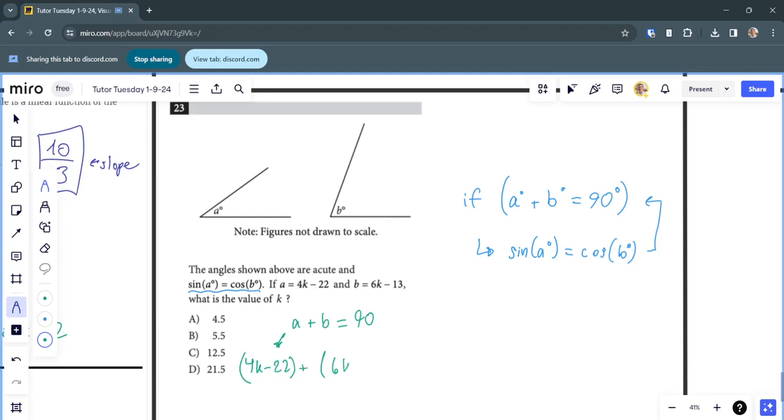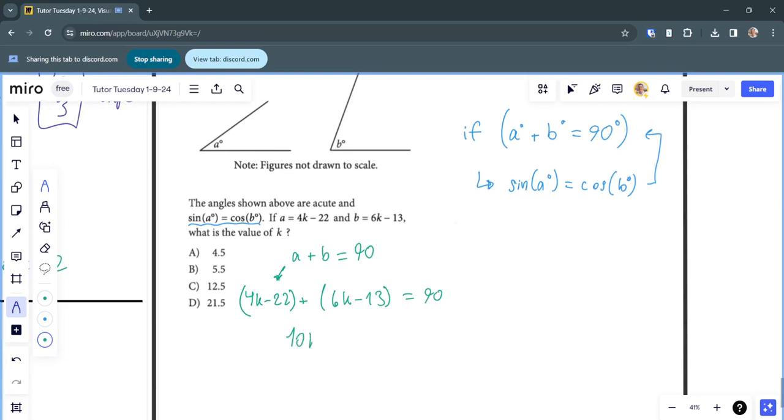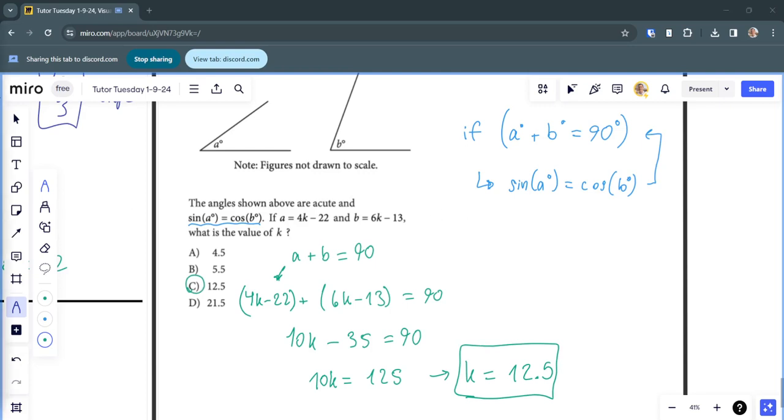Replace the B with 6K minus 13. We can continue to simplify that as well to get 10K minus 35 is equal to 90. Or 10K is equal to 125. If you divide by 10, you get K is equal to 12.5. That'll be answer choice C.